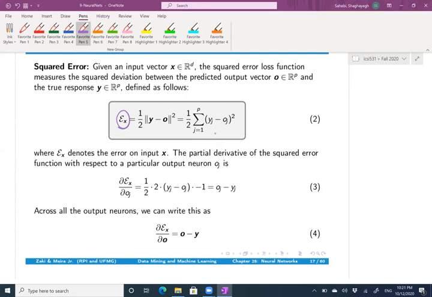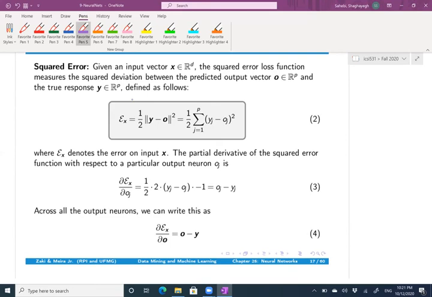Then to optimize this error and find the best W's, what we can do is that we can use the gradient descent algorithm. So similar to gradient ascent, that we move towards the direction of gradient to go to larger values of the objective function. Here, we want to minimize the objective function. So we go in the direction of negative gradient, or the opposite direction of the gradient, to get to lower values of the objective function.